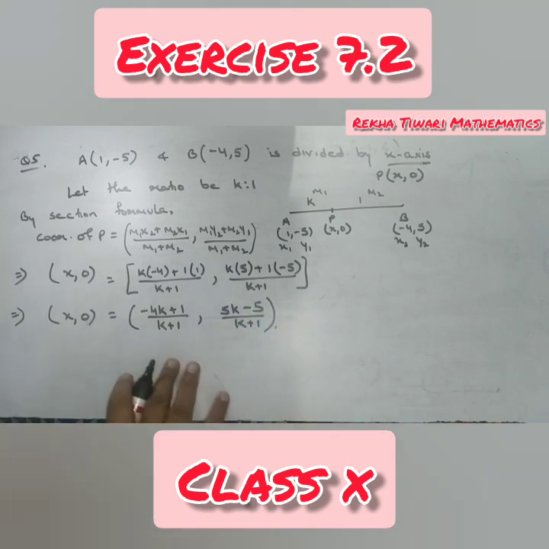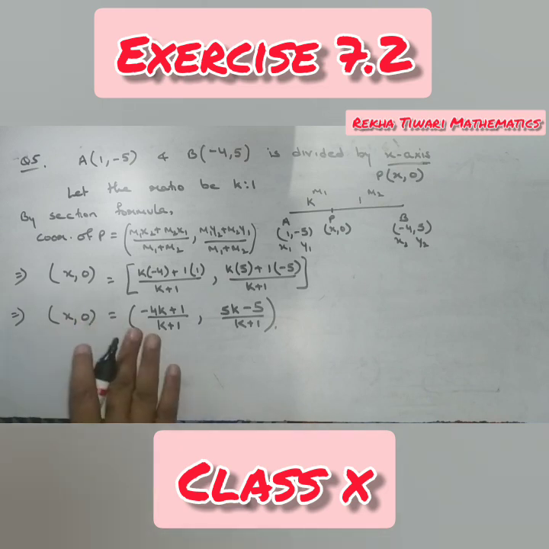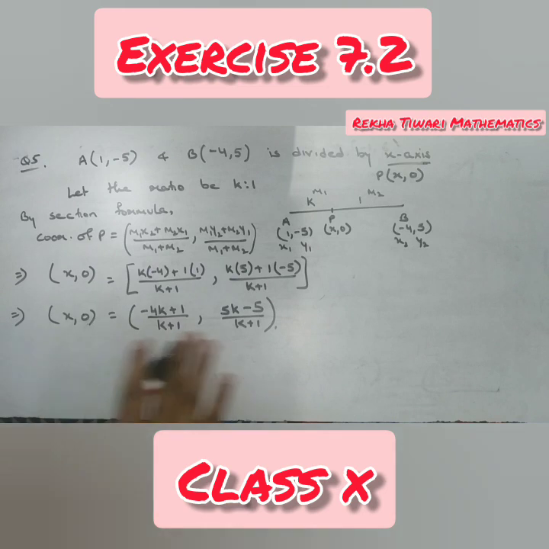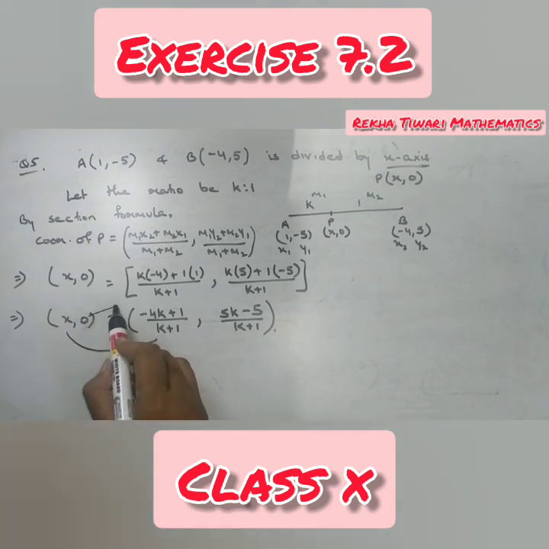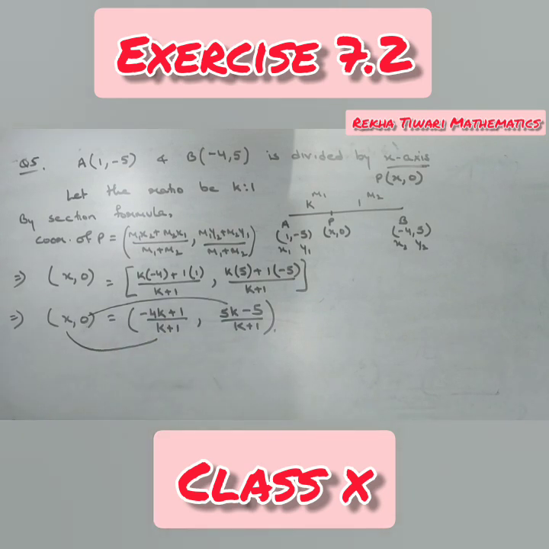Now look here, in question number 4, I told you that you can either compare x coordinate or y coordinate, you will get the result. But in this case, if you are comparing the x coordinate, two unknown variables are there. One is x, one is k. You are not able to solve this. What we are going to do, we will first compare the y coordinate because only one unknown variable is there.